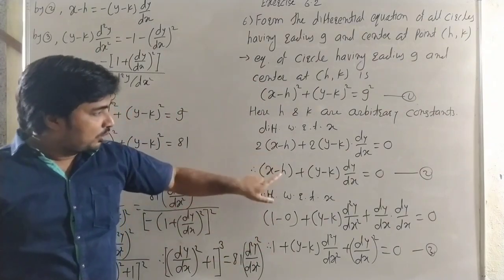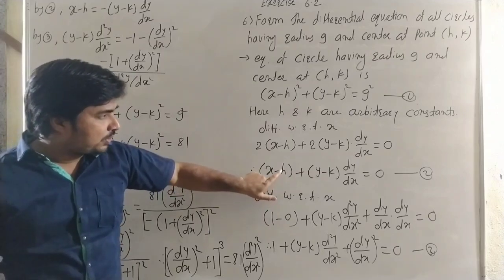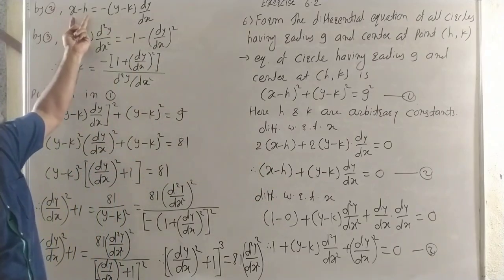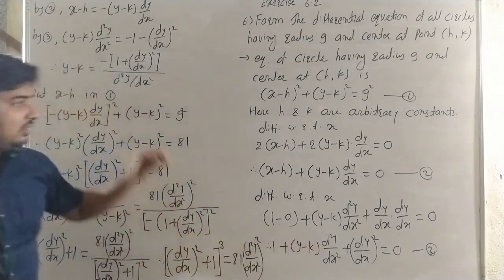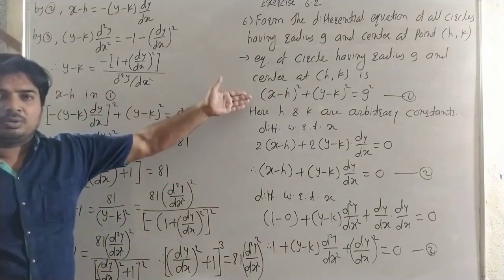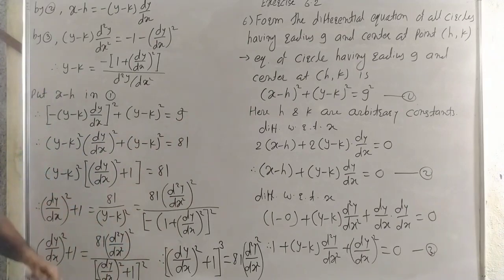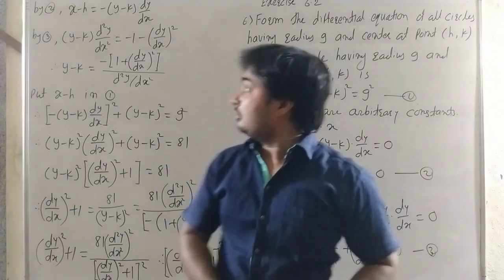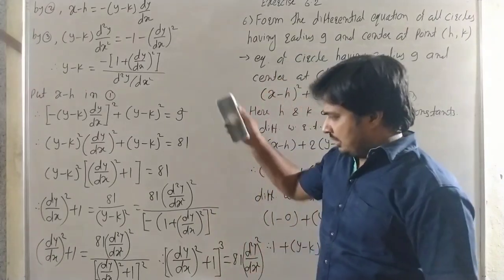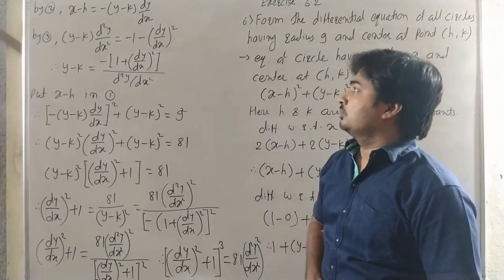From equation number 2, from the first derivative we find the value of x minus h, from the second derivative we find the value of y minus k, and these two values put in equation number 1 give this equation. Check all calculations carefully.